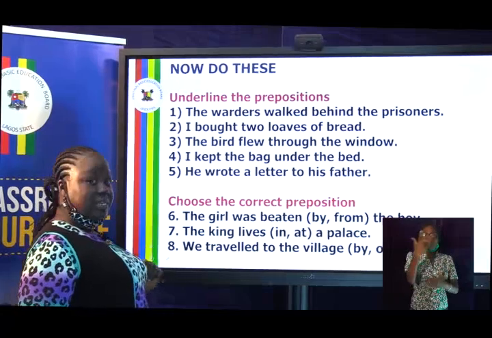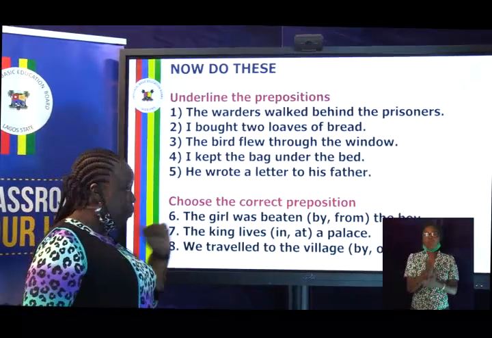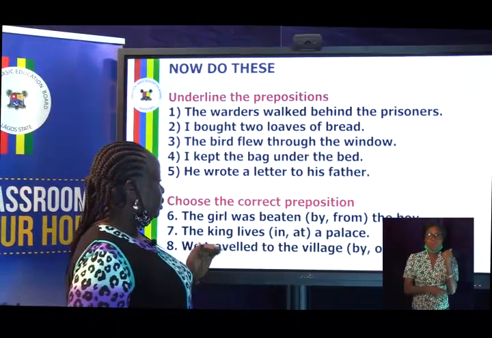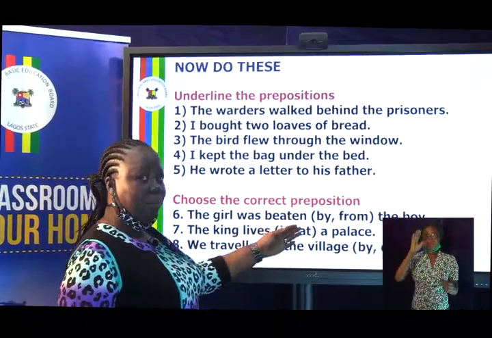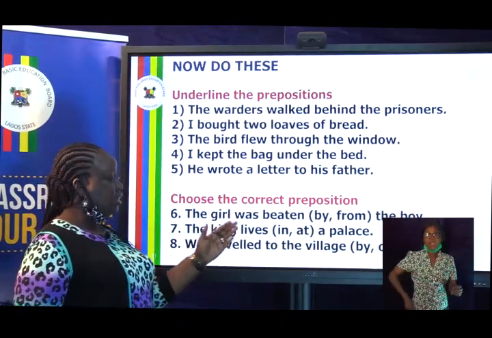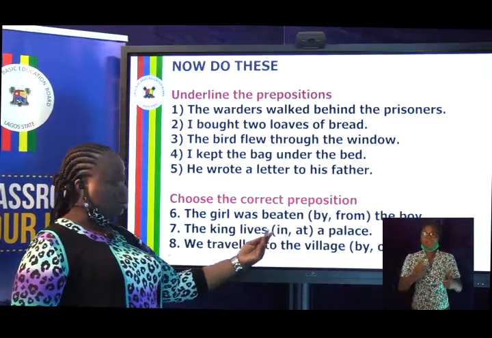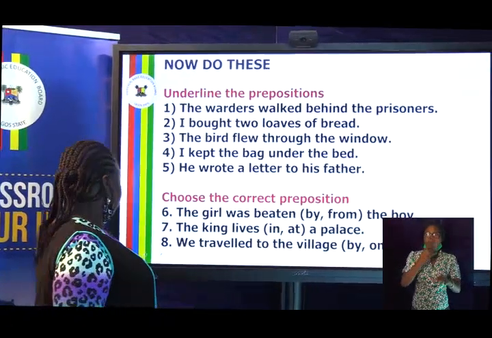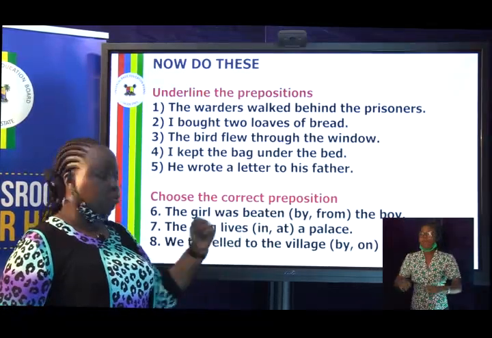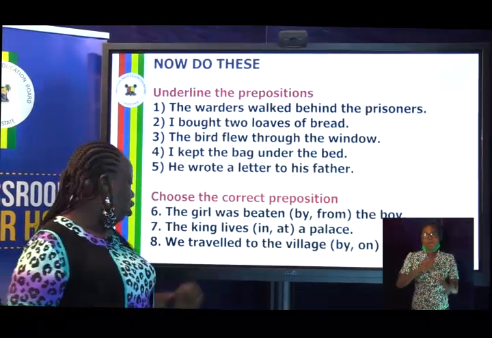In the next 3 sentences, please choose the correct preposition. The girl was beaten, dash the boy. Is it by or from? The king lives, dash a palace, in or at. We traveled to the village, dash foot, by or on.